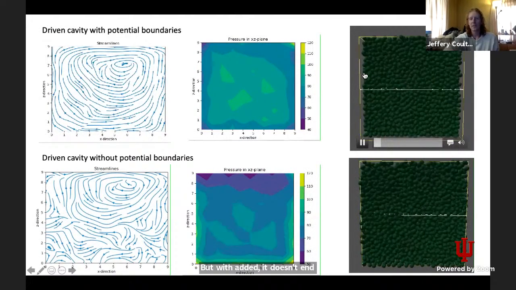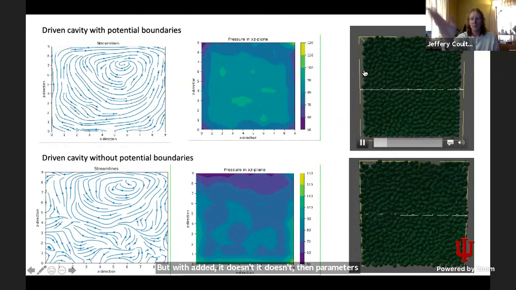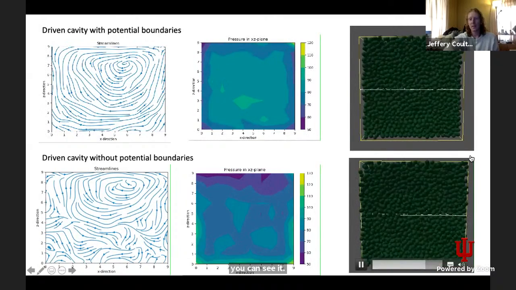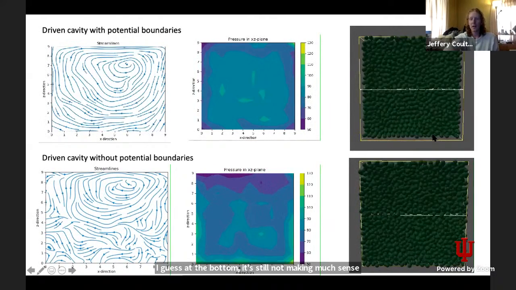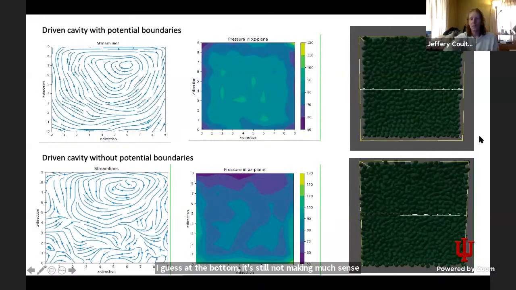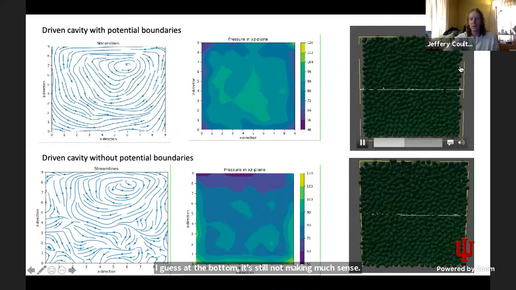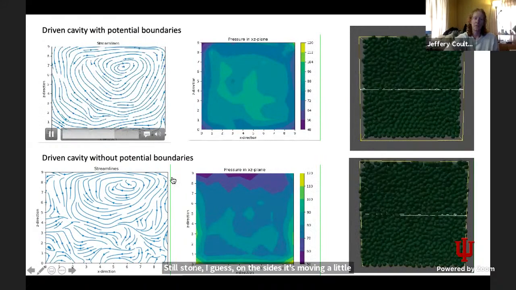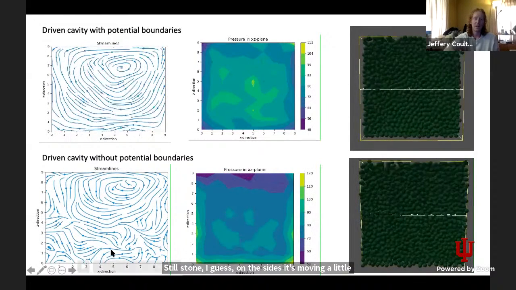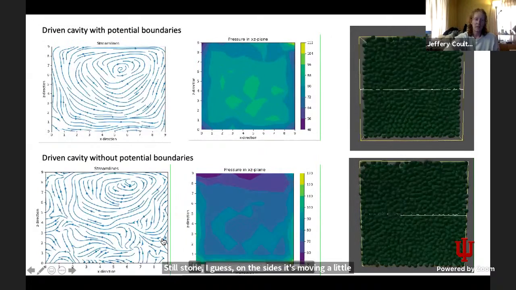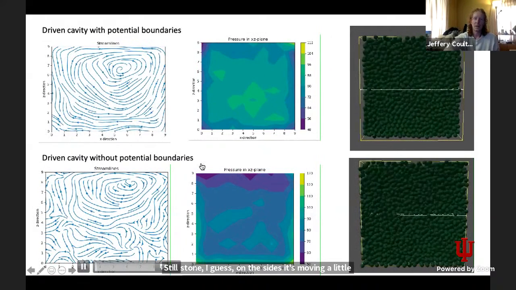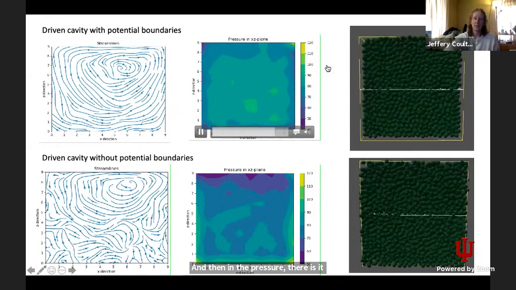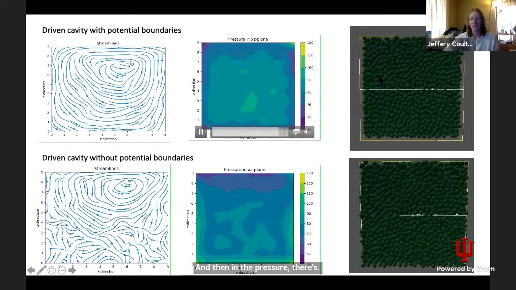I found parameters that don't push it too far away from the walls. At the bottom it's still not moving much, and on the sides it's moving a little, but the flow is much smoother with the potential boundary conditions than without it. So it seems to be working well. And then in the pressure, it's stronger here in this corner, which is good.